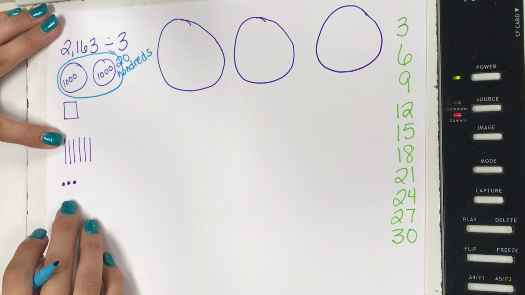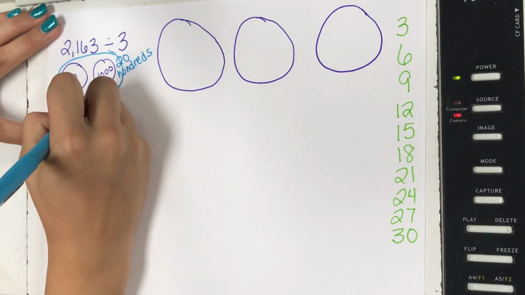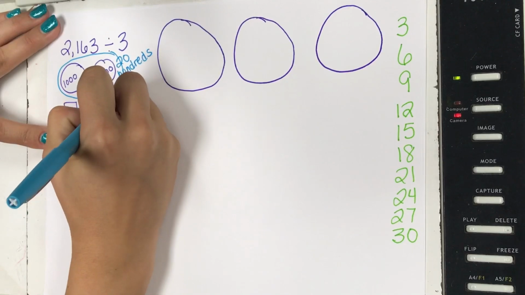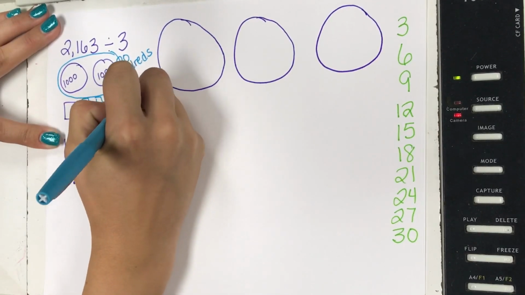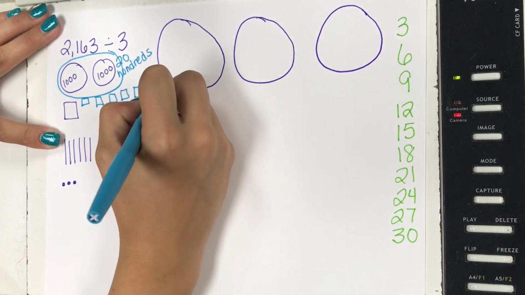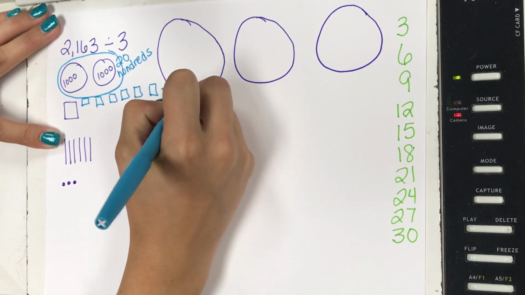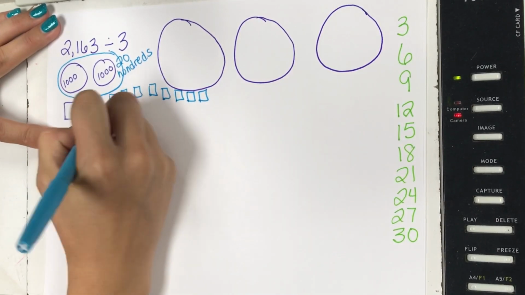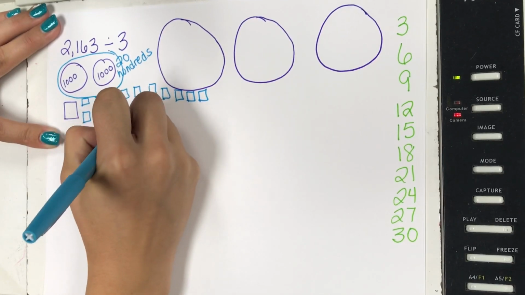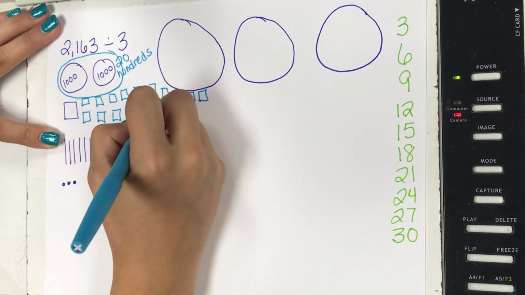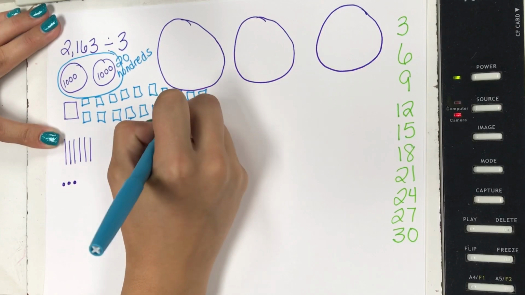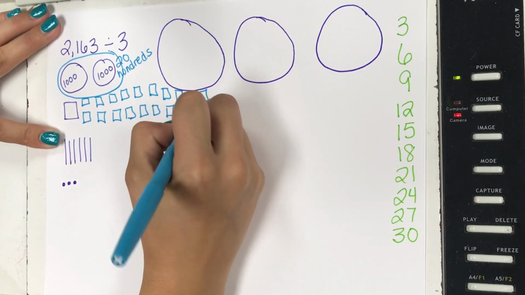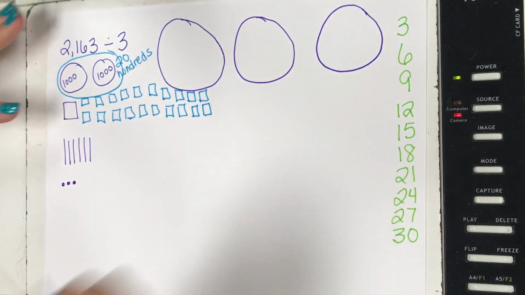Now I have to draw all those 20 hundreds. 1, 2, 3, up to 20.